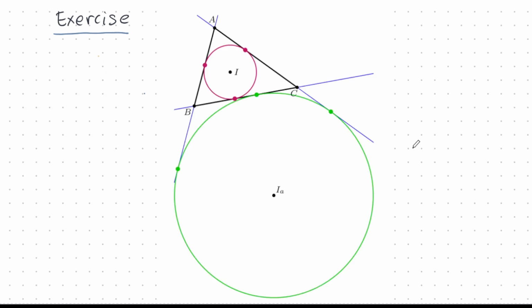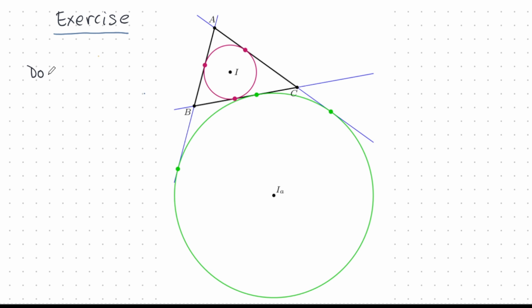So here's an exercise to help train your geometrical insight into all the different techniques that we used here. I have the same sort of figure, except now I have the A excircle, a different excircle, the same triangle, the same incircle, and I want you to repeat the same derivation.